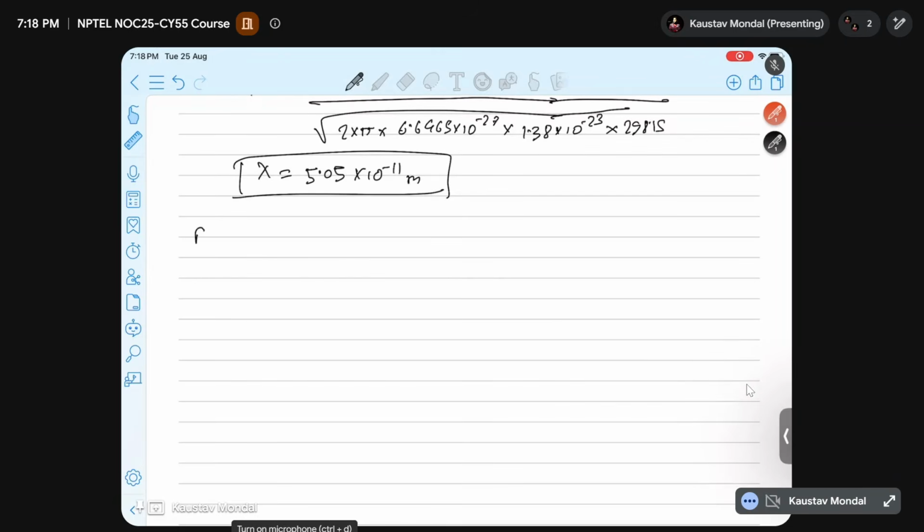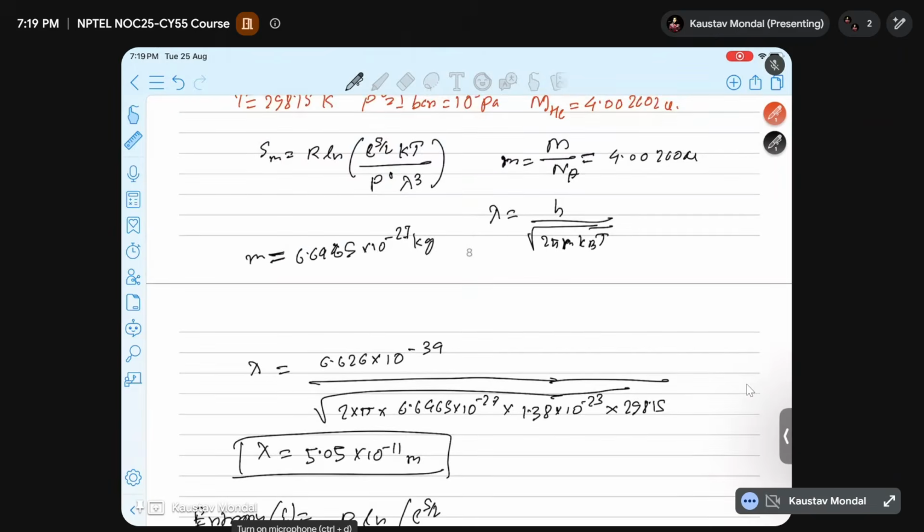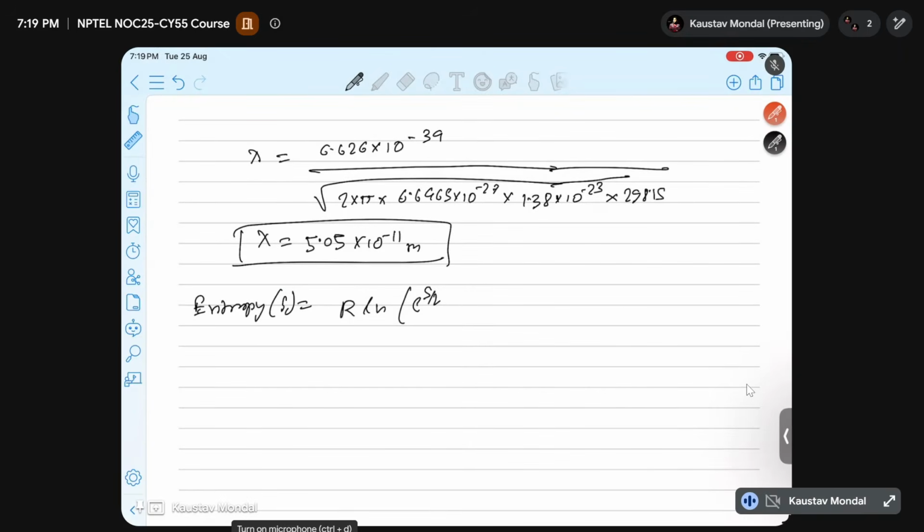and entropy, S is equal to R ln e to the power 5 by 2. Now just substitute the things, right? So k we know, 1.38 into 10 to the minus 23 into 298.15 divided by 10 to the power 5 into 5.05 into 10 to the minus 11 whole cube.